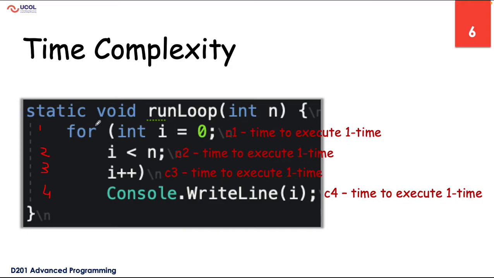Now if you look at all these 4 lines, they take C1, C2, C3, C4 times, which is constant time. If it is only run one time, then it will be C1 plus C2 plus C3 plus C4. That is the time if we are running each and every line only one time.